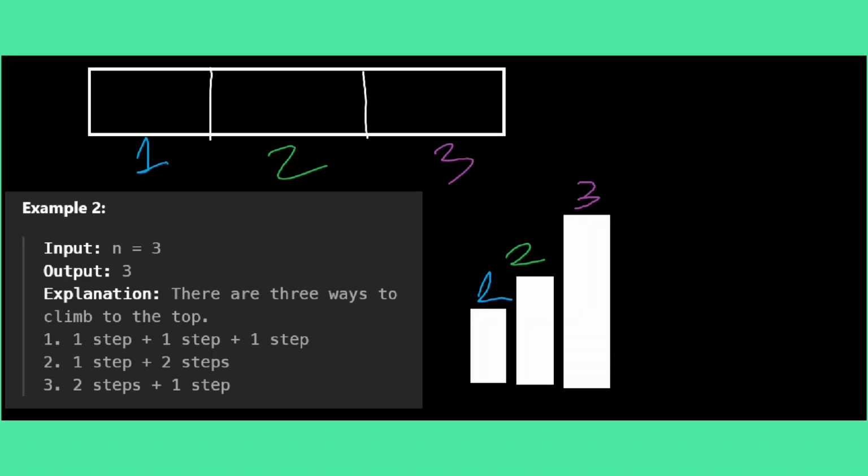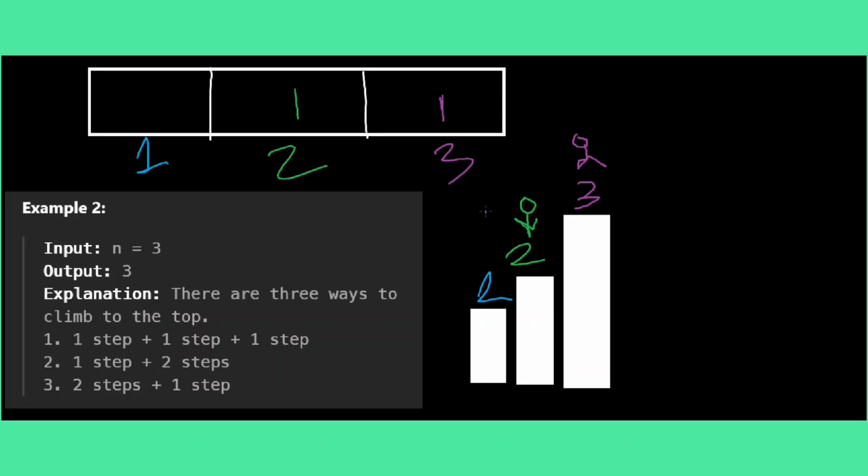Okay, so here I have color coded all these steps. Now if we were at this step here, there is only one way, which is to just stay here on step 3. So for here I'll just mention 1. And if I were at step number 2, there's only one way to go to step number 3, which is to take one step.